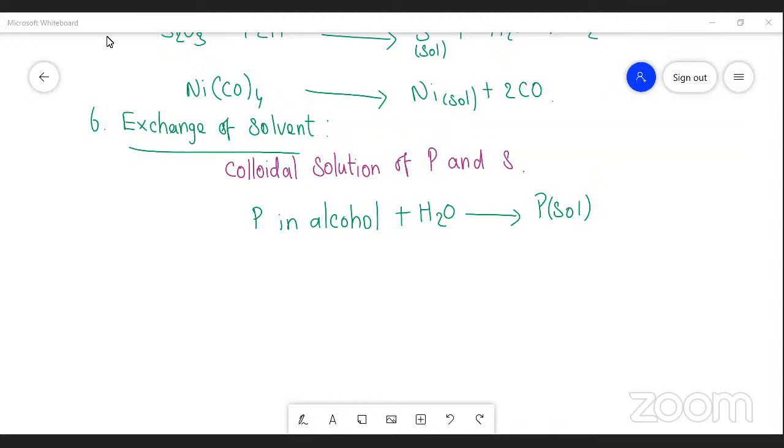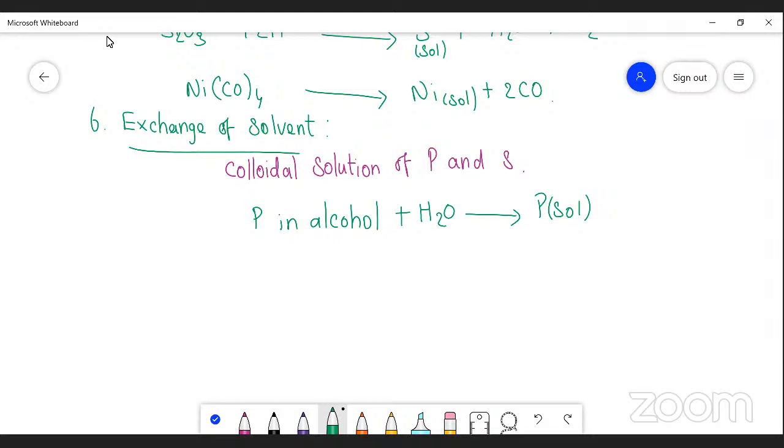CO has no oxidation state here. So in nickel tetracarbonyl, the oxidation state of nickel is 0. Refer to the d-block, where we take nickel tetracarbonyl as a complex; the oxidation state of nickel is 0.